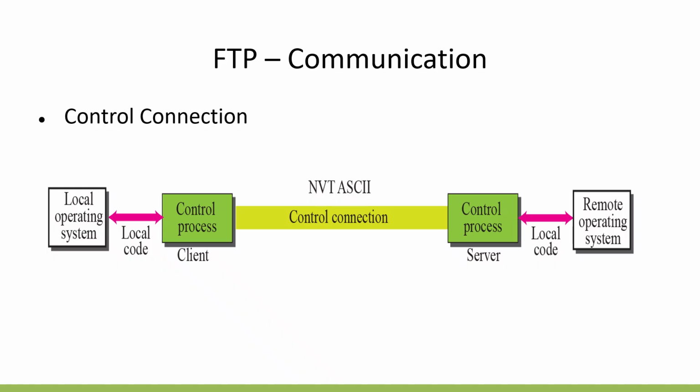File Transfer Protocol uses the same communication approach as Telnet and SMTP for its control connection. It relies on the NVT ASCII character set to ensure consistent data representation between systems. Communication takes place through a simple exchange of commands and responses. This method is efficient and sufficient because only one command or response is sent at a time.